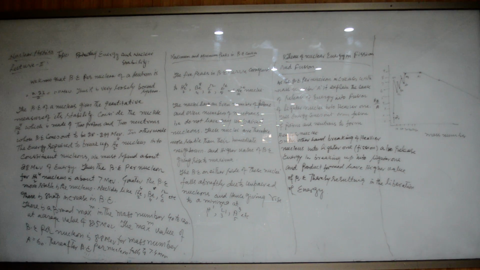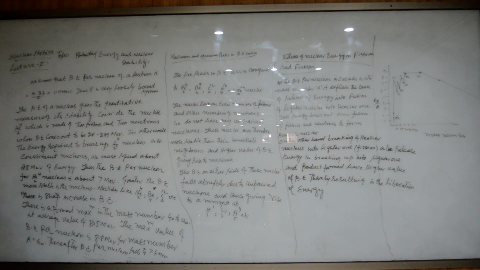The binding energy of the nucleus gives a quantitative measure of its stability. Those elements which have a high binding energy are the most stable, and those having less binding energy are less stable.